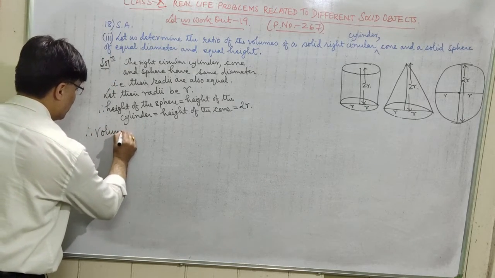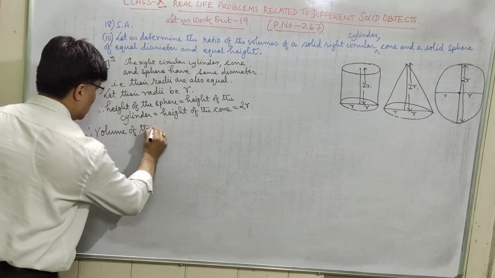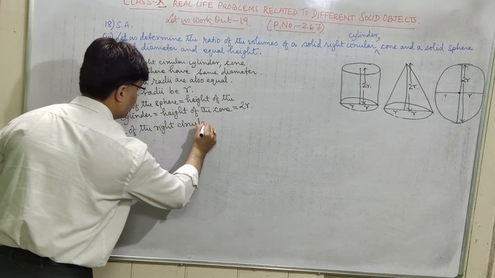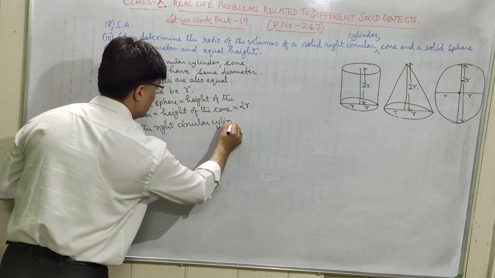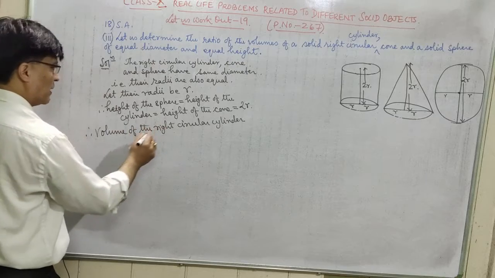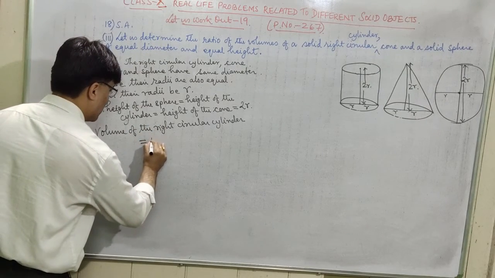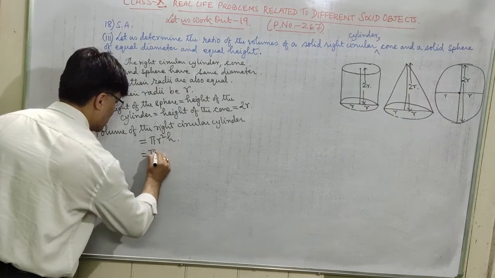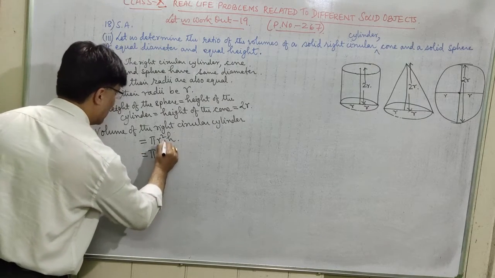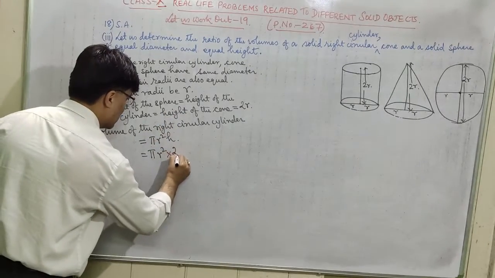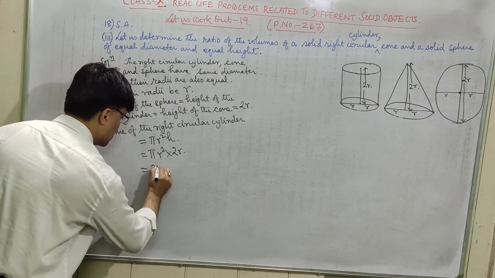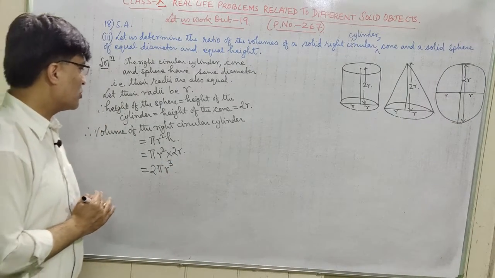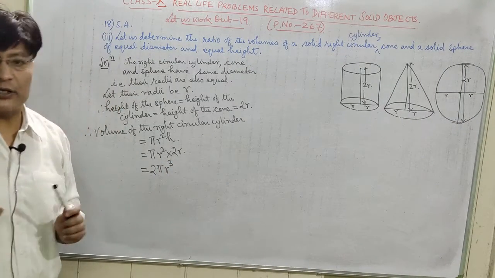Volume of the right circular cylinder is pi r square h, which is equal to pi r square, and the height here is also 2r, so this is 2 pi r cube. So the volume of the right circular cylinder is 2 pi r cube.